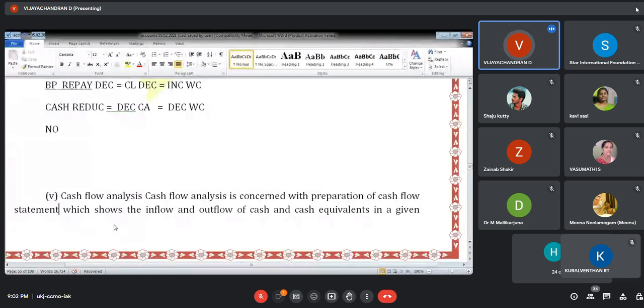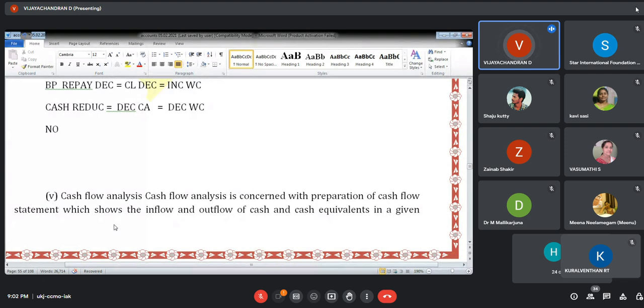So the cash flow statement as per accounting standard 3 consists of three parts. Part A, cash from operating activities. Operation means your business, your sales, your purchase, everything comes under operating activities. The second one comes under investment activities.